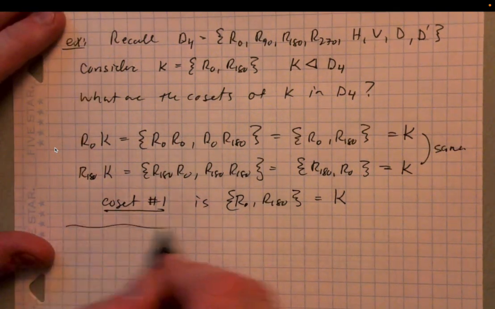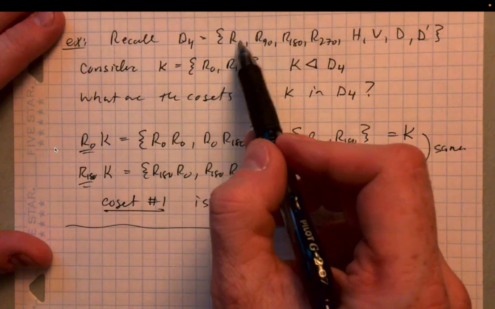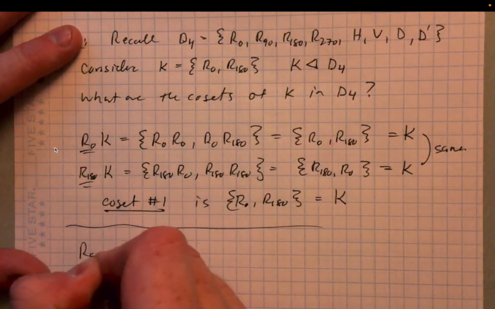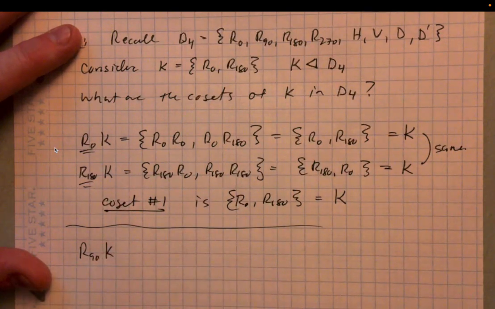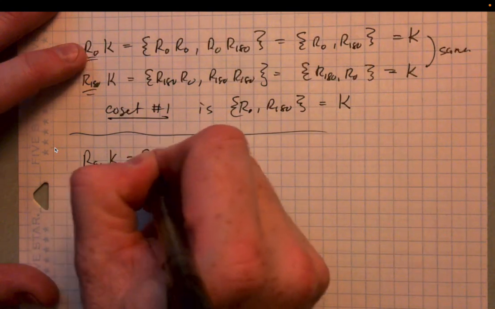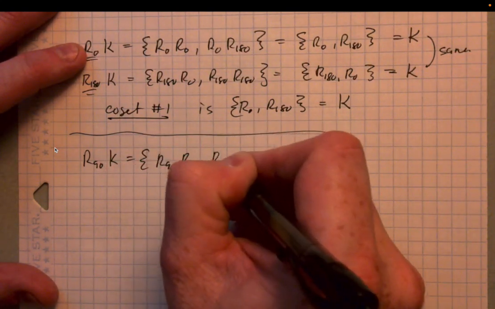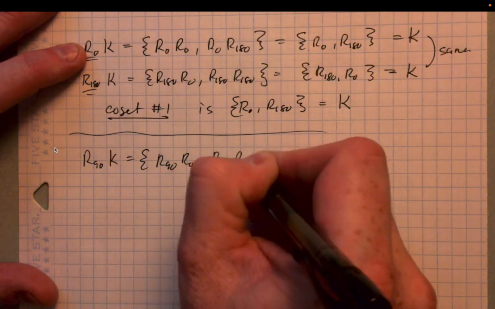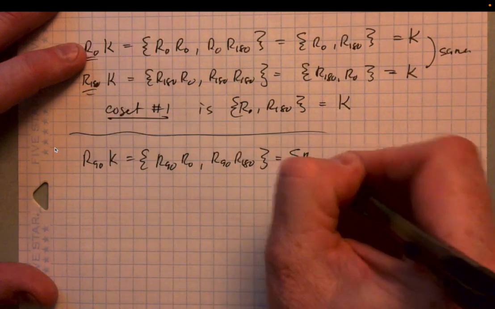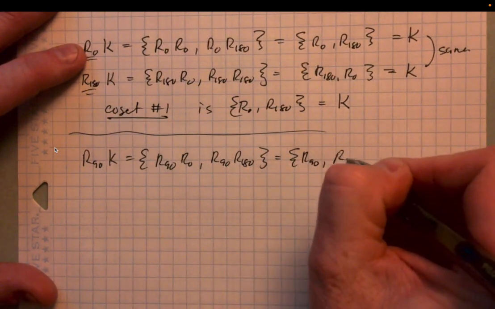Now let's move forward. We've exhausted 2 of the 8 elements, R0 and R180. Let's look at R90 next. R90 composed with K is R90 R0, and then R90 R180. We know that's going to be R90, and then what's 90 plus 180? 270.